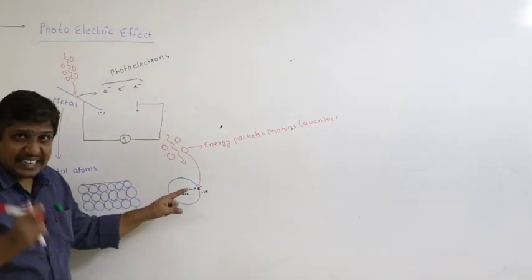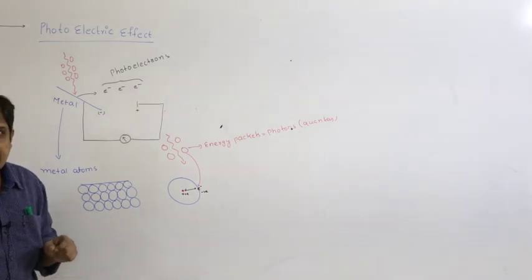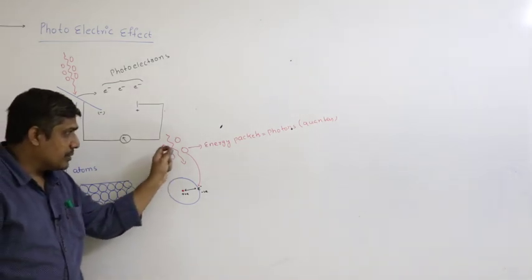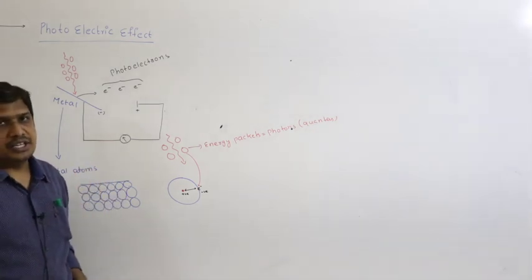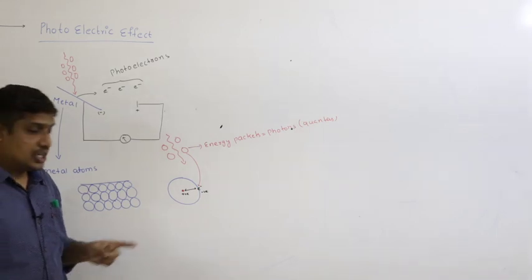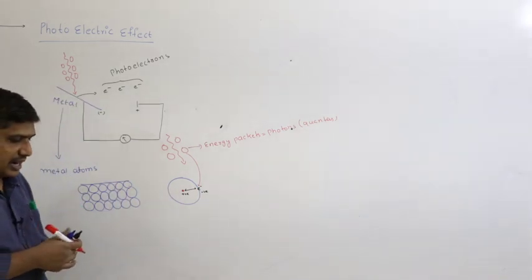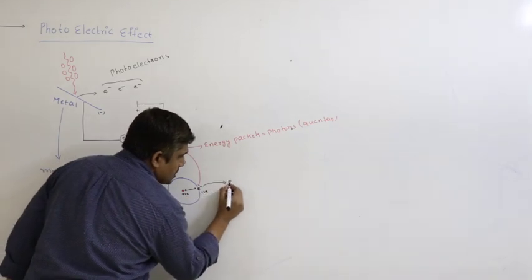One electron at a given instant absorbs one photon. At a given instant, an electron can absorb only one photon. It has to absorb all the energy, so by that it gains energy. If it gains sufficient energy to overcome the nuclear attraction force, then the electron will come out.